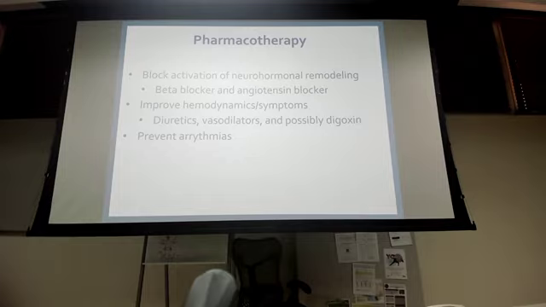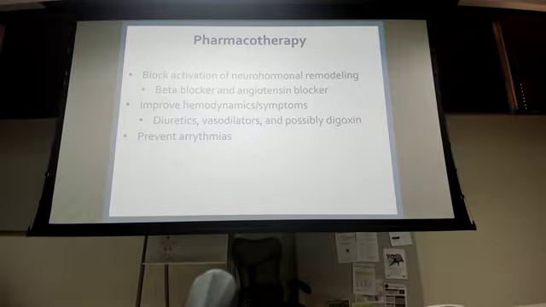Those are the ones that are effective at changing the disease progression in heart failure. We've talked briefly about all of them, and we'll talk a little more in depth about why those are Class A or Class 1 recommendations in heart failure to reduce its progression.